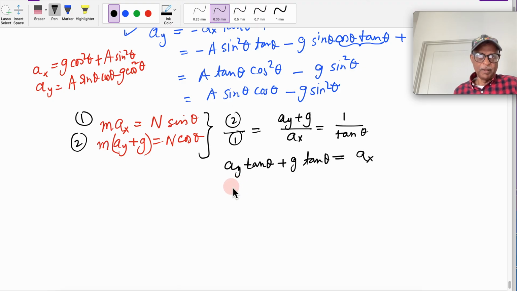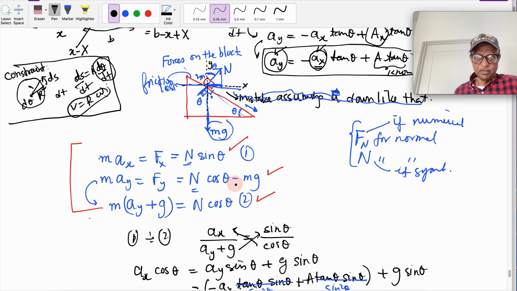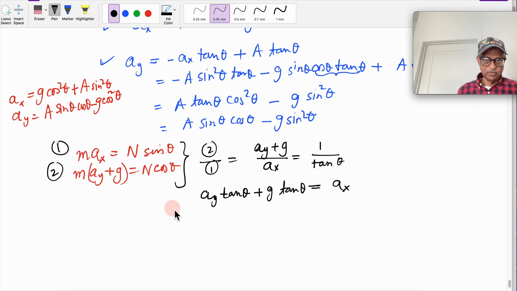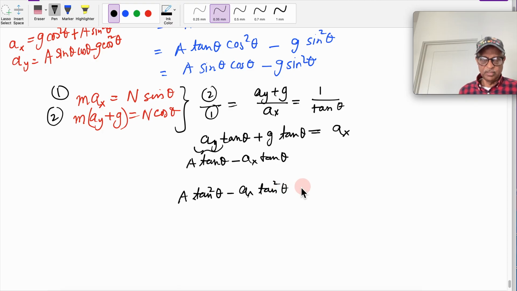So AY, I think AY is correct earlier. A tangent theta minus AX tangent theta. Multiply these guys out. So I have A tangent square theta minus AX tangent square theta plus G tangent theta equals AX.